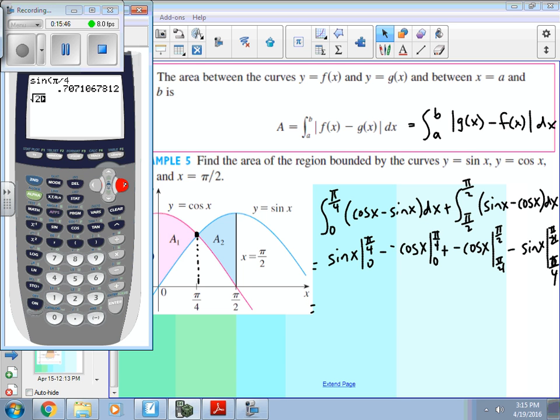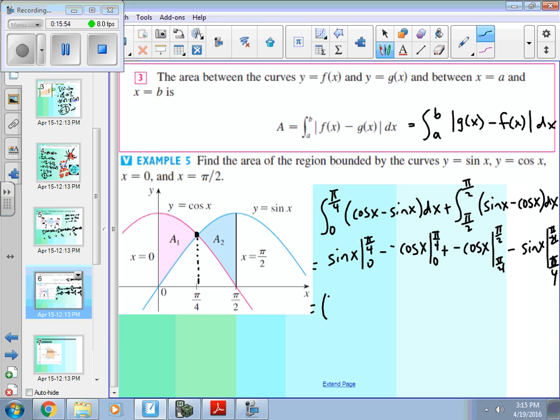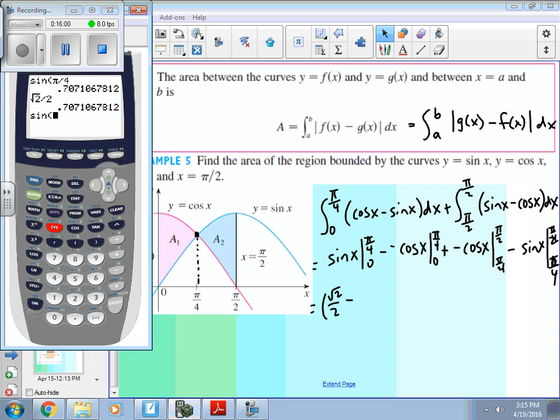So this first one here is square root of 2 over 2 minus, if we plug in sine 0, we get 0.